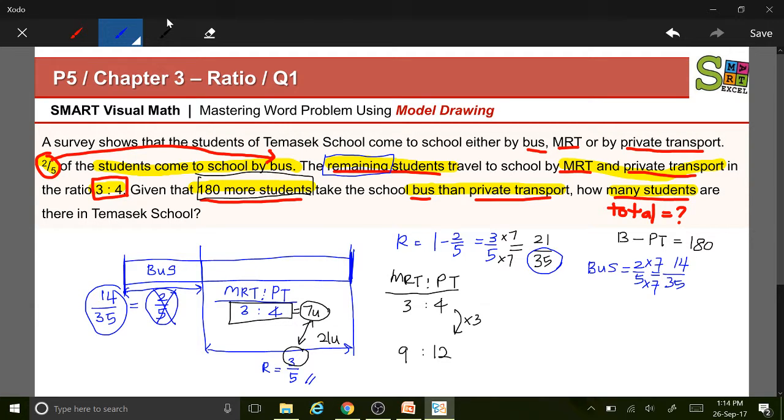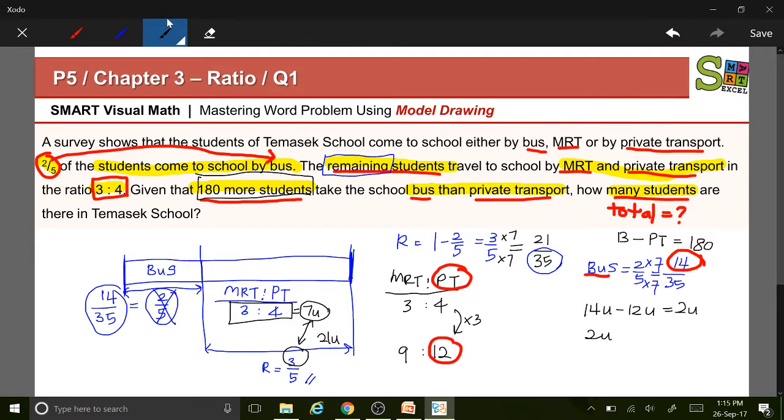This 14 unit, they tell you bus minus the private transport. Now the bus is 14 unit, and the private transport is now 12 unit. So the difference here, 14 unit minus 12 unit, will give us 2 unit.